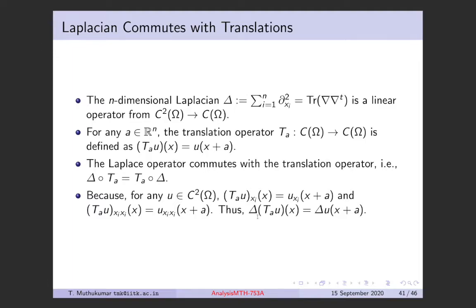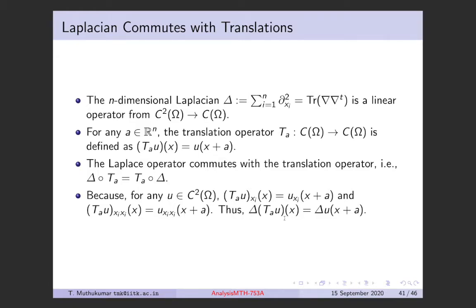So in that sense, Laplace composed with T_a is precisely this operator, that is Laplacian of the translated function. So Laplacian of the translated function, if you use this information that we have derived here, which is the second derivative of the translated function, is nothing but the second derivative of u at x plus a.